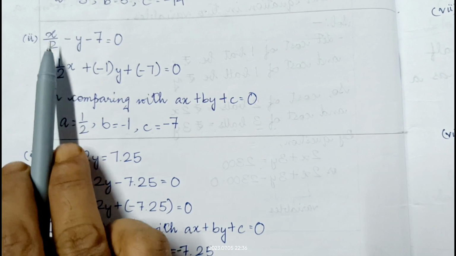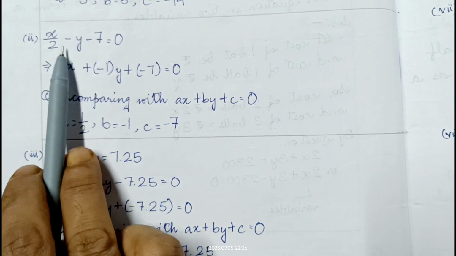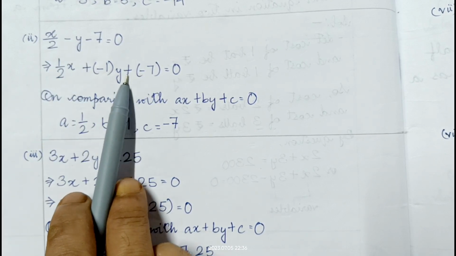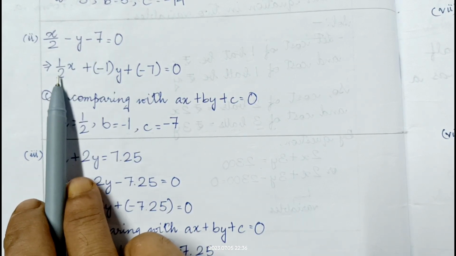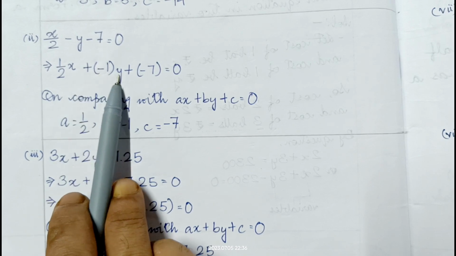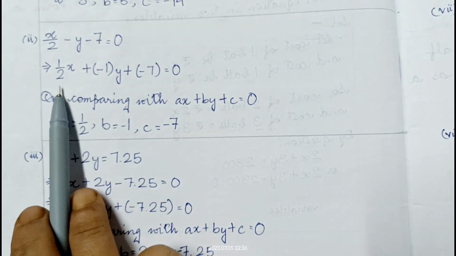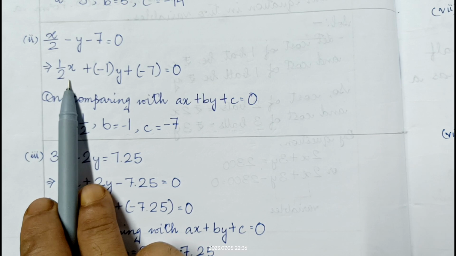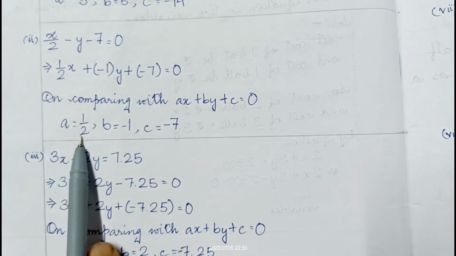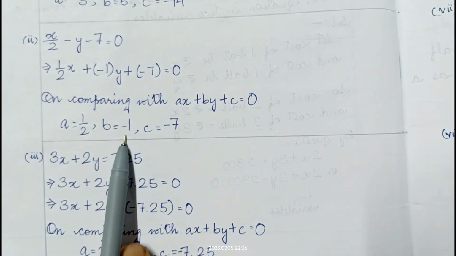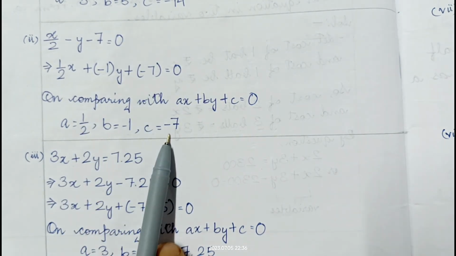So half x means x by 2 plus minus 1 y plus minus 7. So we have just written this in the form of ax plus by plus c equals 0. Now if I compare this with ax plus by plus c equals 0, then a will be half, b will be minus 1 and c will be minus 7.